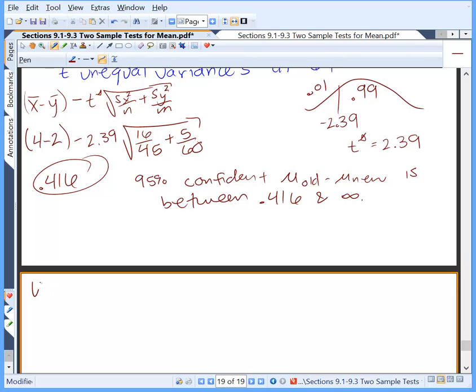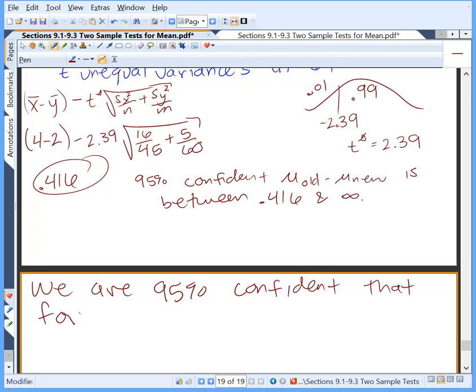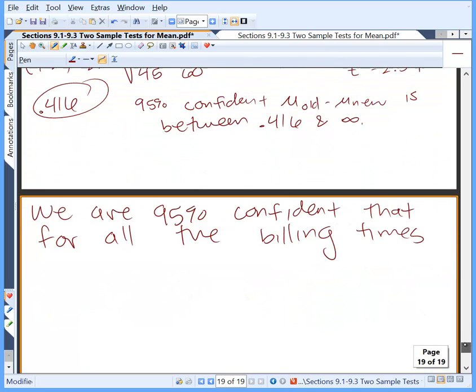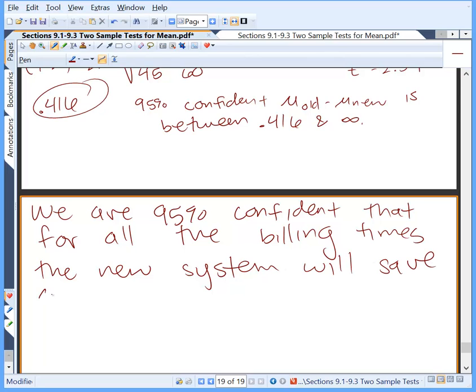So we could say something like, we are 95% confident that for all the billing times, the new system will save an average of at least 0.416 days.